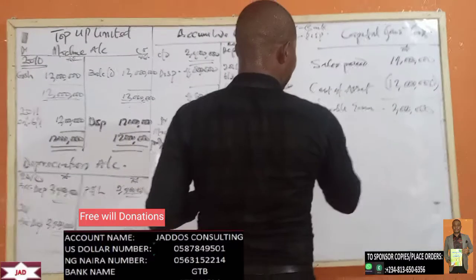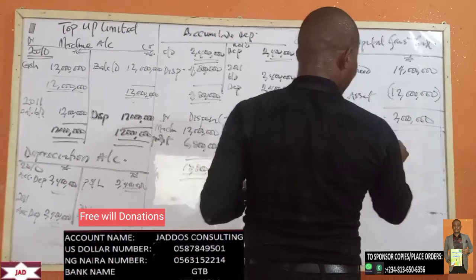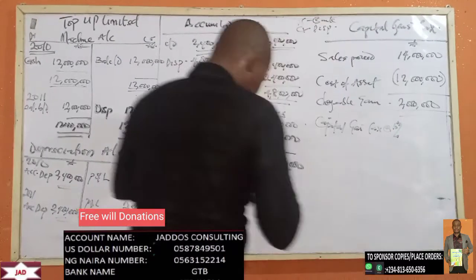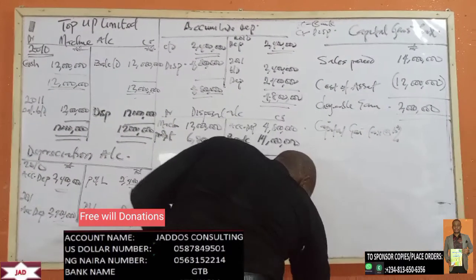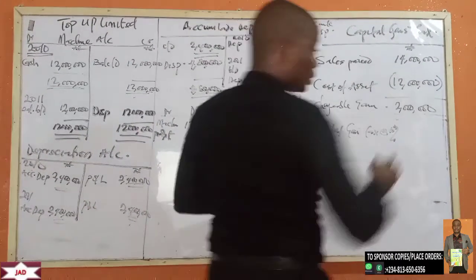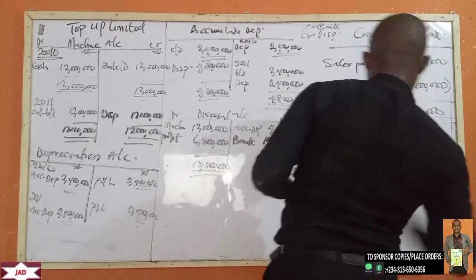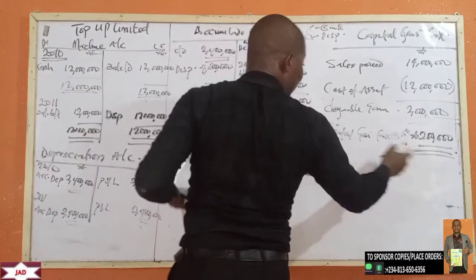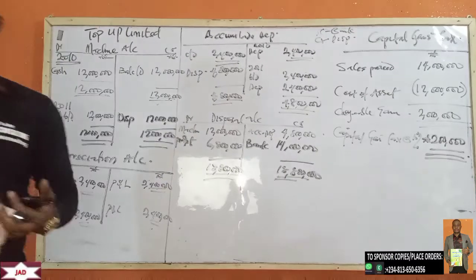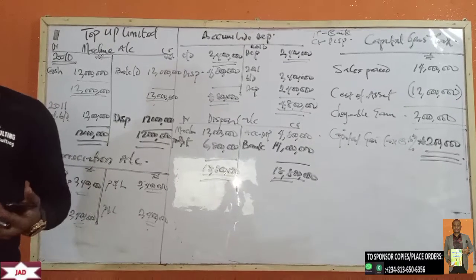So the capital gains tax now will be 10% of this. 10% of 2 million is 200,000 naira. So the chargeable gain is 2 million naira, and the capital gains tax is 200,000 naira. That's 10%. So that is what the accountant will make provision for to remit to the revenue service.